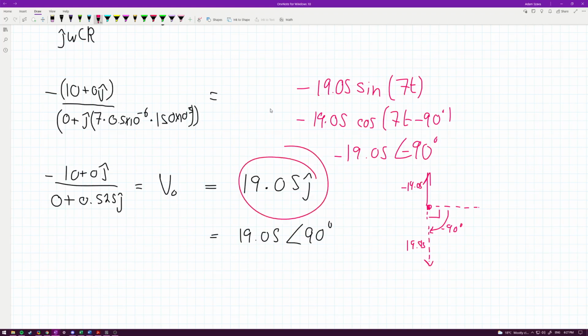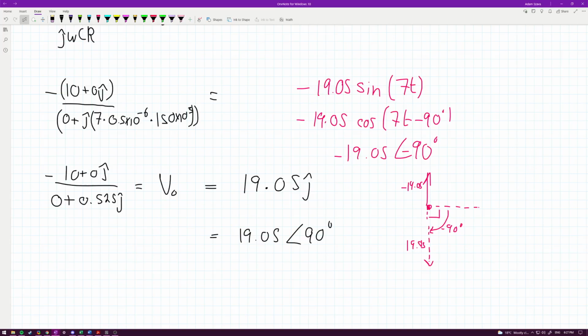That's what I get. There's no real part, it's zero plus j, so it's just straight up, of length 19.05. Okay, so this is the same answer that they got. They just didn't write it properly.